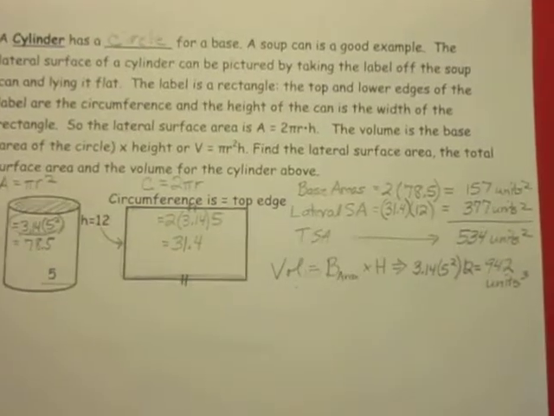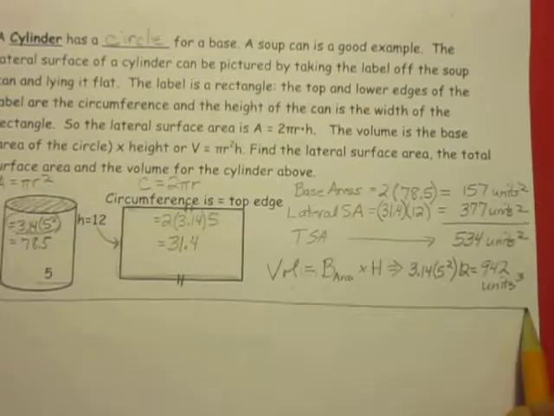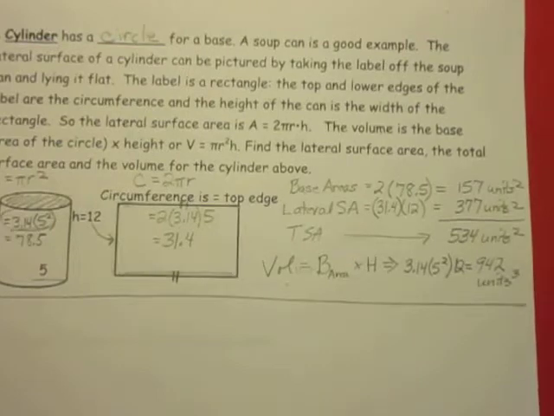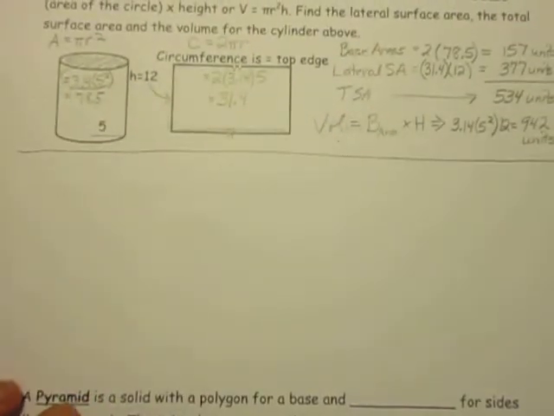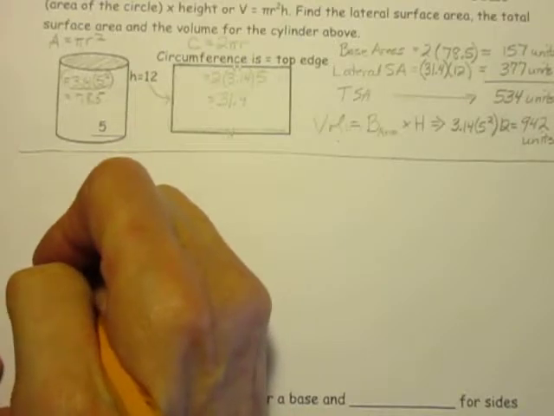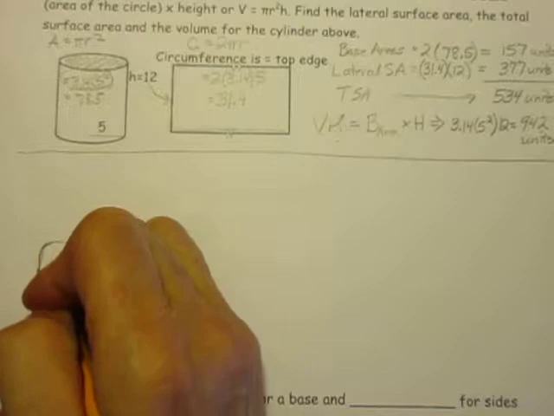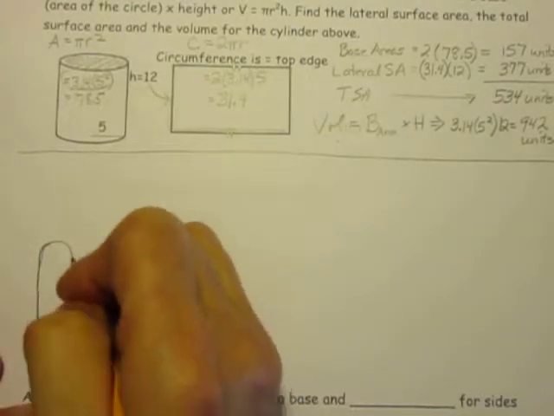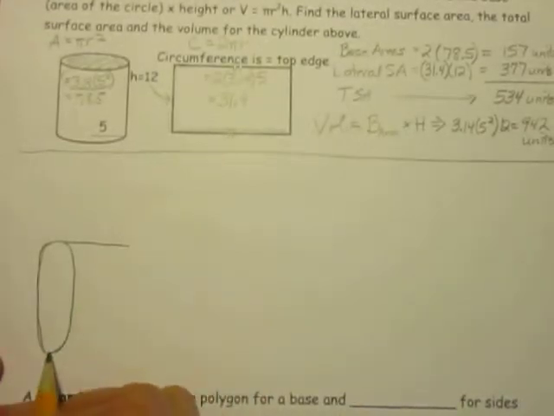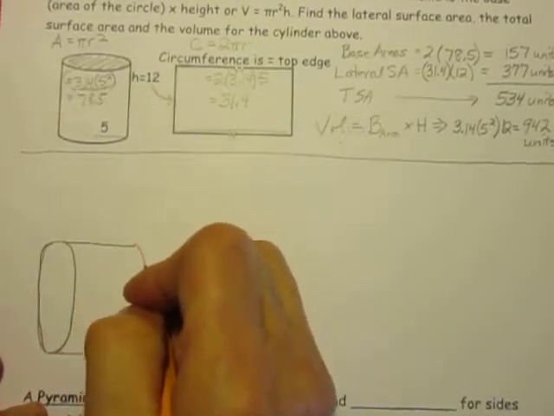We did that in a really short space there, but we're going to draw a line here, and we're going to draw another example of a cylinder. You're going to get a chance to do some drawing here. I'm going to draw this cylinder on its side. So try to draw an elongated oval like this, and then we're going to have two edges, and then draw another curve here.